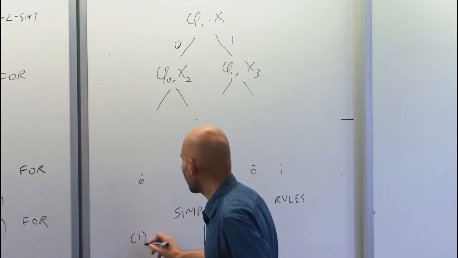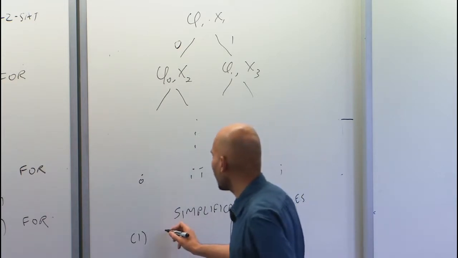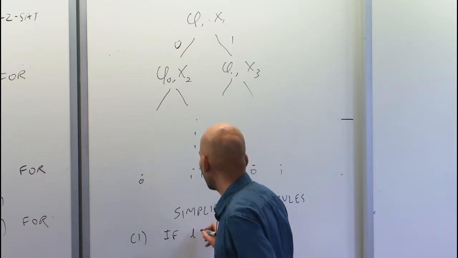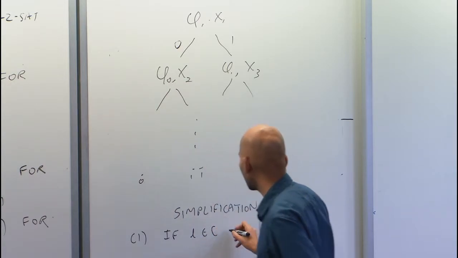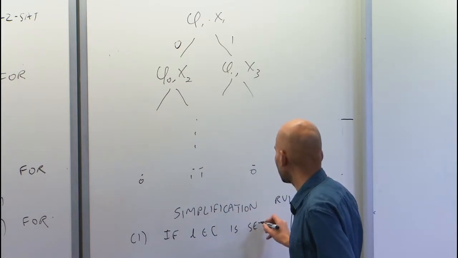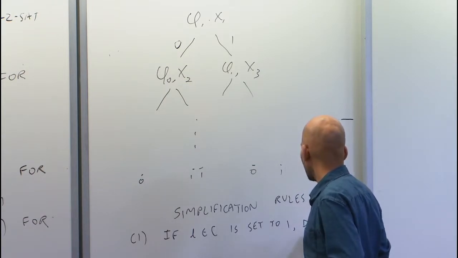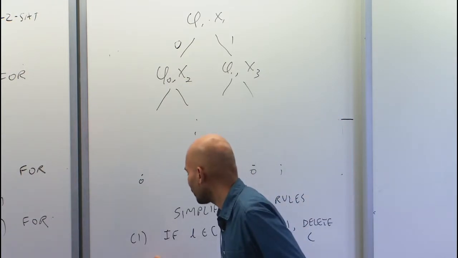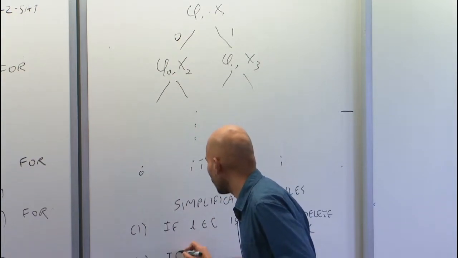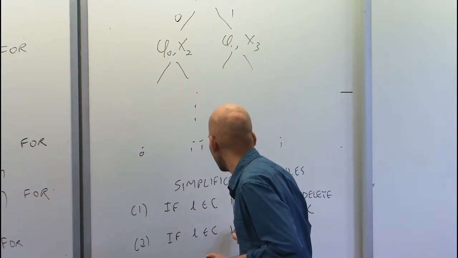The first one is: if a literal in a clause C is set to 1, delete C. That's obvious. And if it's set to 0, then you just delete the literal.